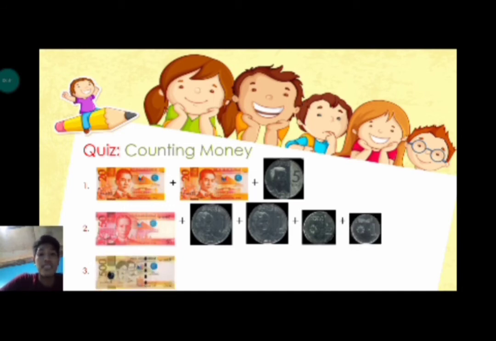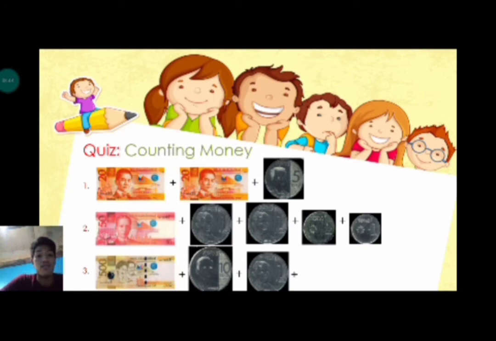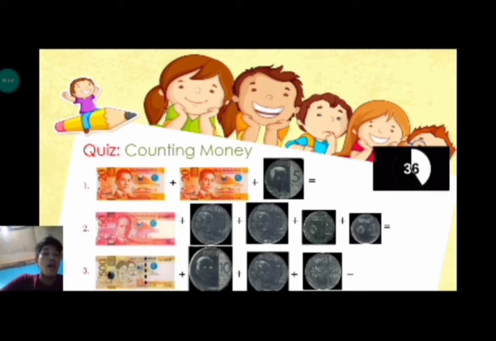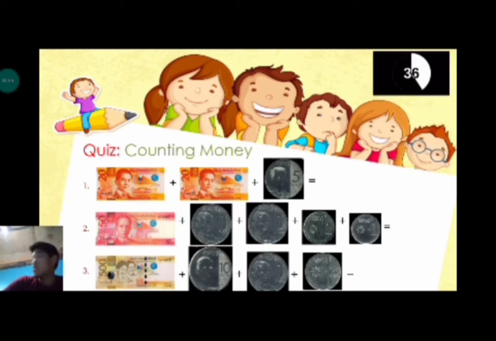Number 3 is 500 plus 10 pesos plus 1 peso plus 25 centavos is equal to. I will give you 1 minute to answer these questions. Your 1 minute starts now.